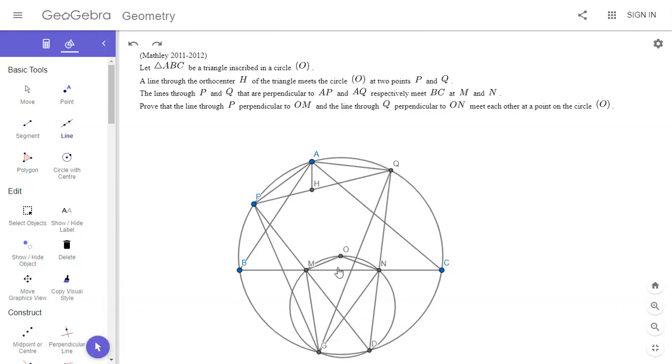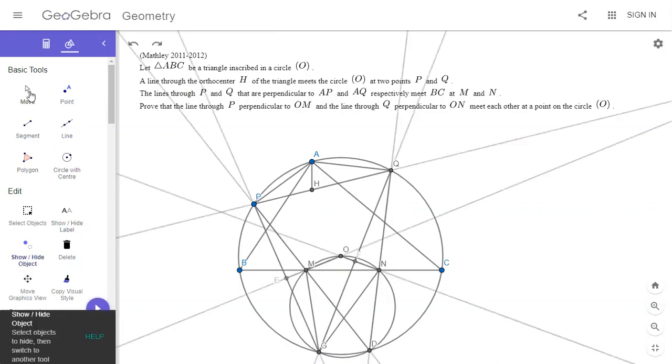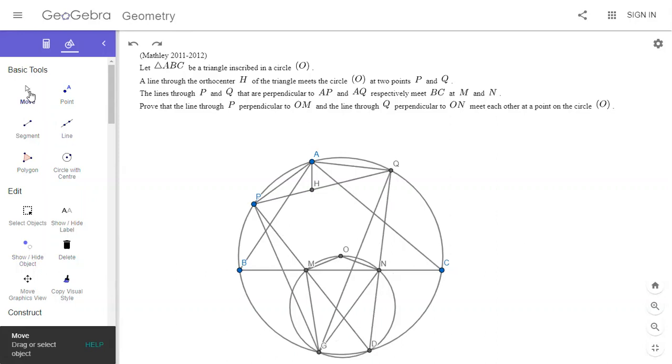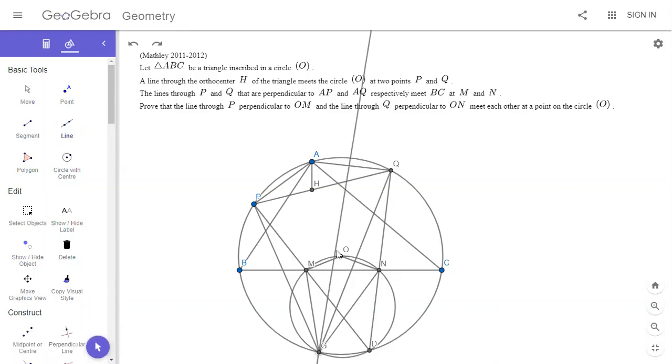So basically, we want to show DO and DA are isogonal. GO and GA. Does O correspond to A?